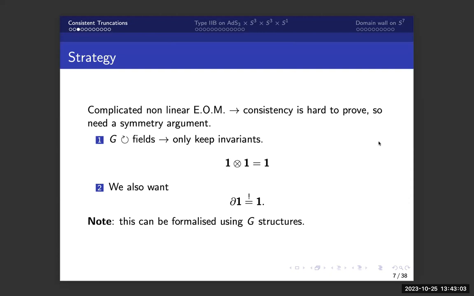This is to ensure that the equations of motion factor in the end. And these two conditions can be formalized using the language of G structures.